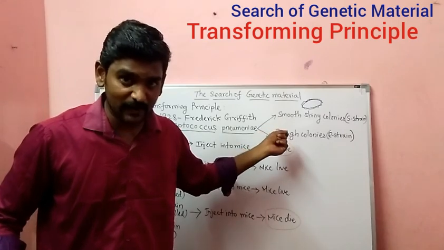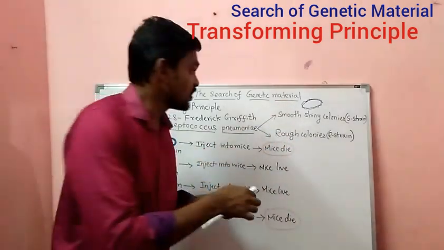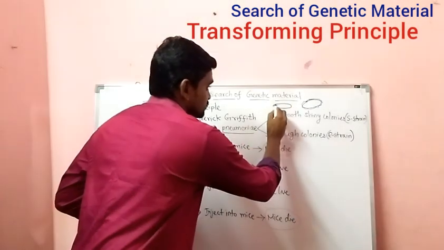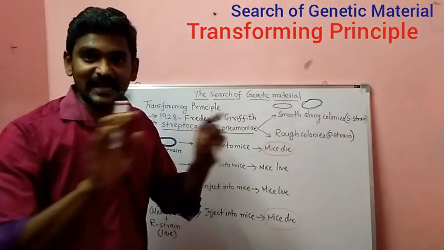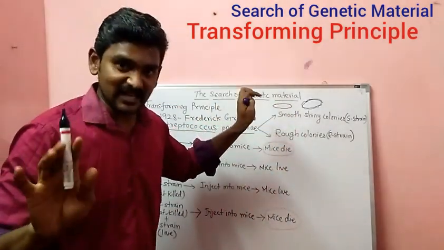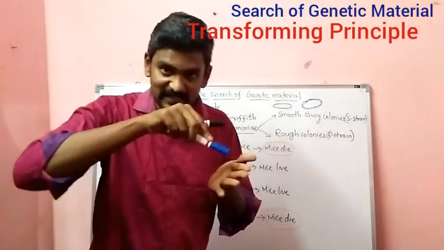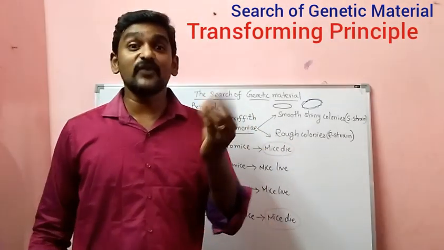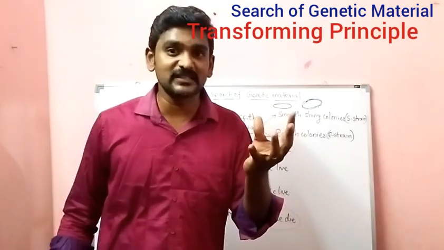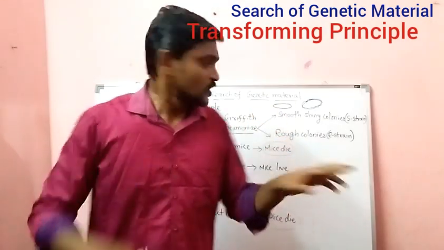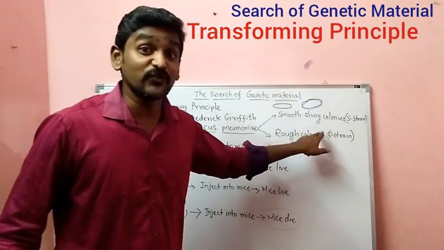This bacteria will not produce any mucus polysaccharide layer. When you grow it in Petri plates, it gives a rough appearance. It is not smooth at all, so it is called rough colonies.